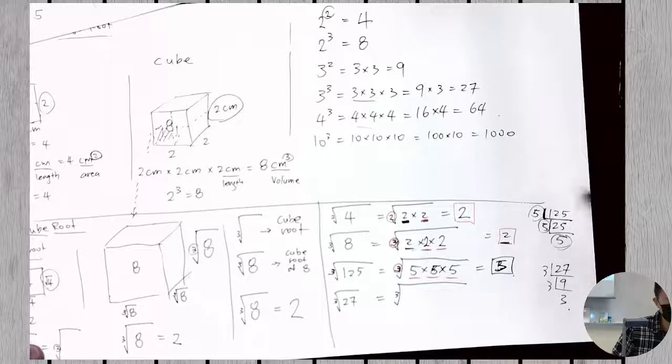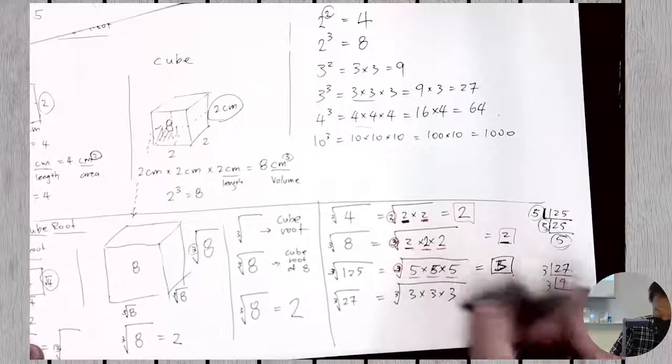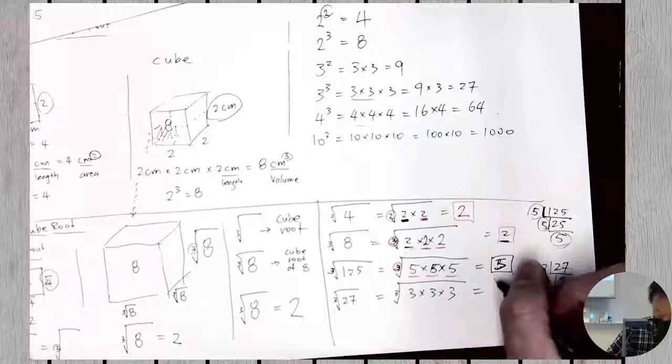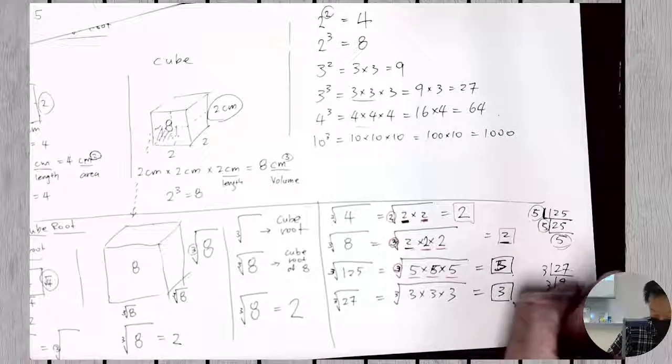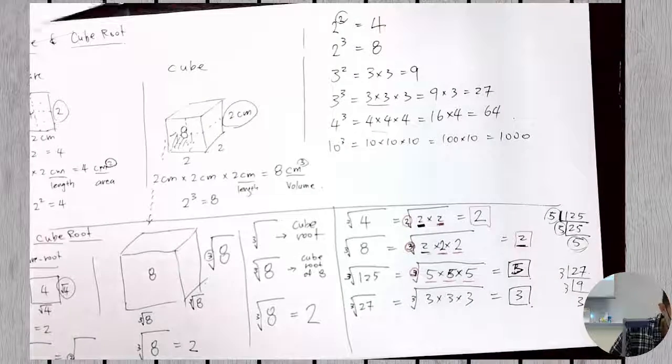Once we do the prime factorization, 27 is equal to three 3's multiplied together. So if the volume is 27 as a cube, then each side is going to measure 3. And I believe that's it.